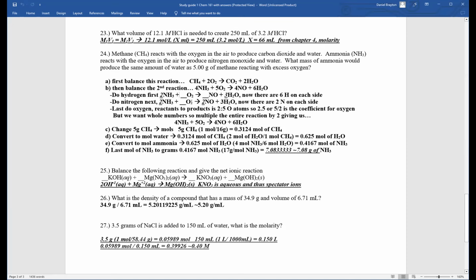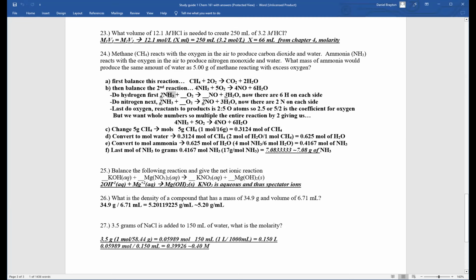You can do whichever one first, it doesn't really matter. The first thing I notice is that there's one nitrogen in the reactant and one in the product. So whatever coefficient's in front of ammonia, it's going to be the same in front of the NO. That makes me not in a rush to do the nitrogen. I would tackle the hydrogen first.